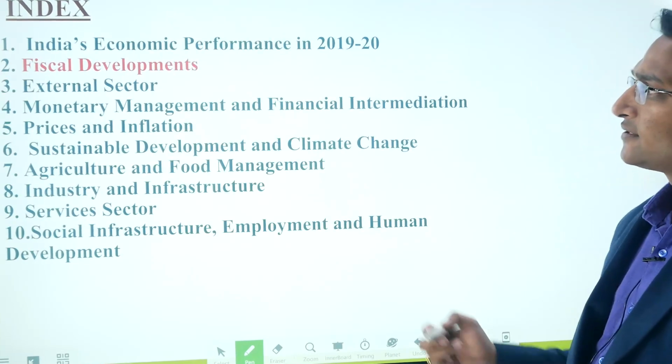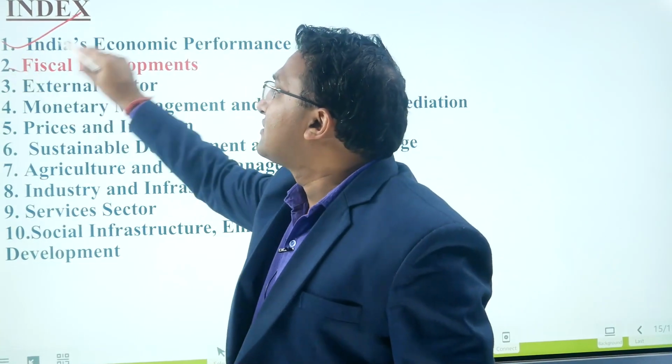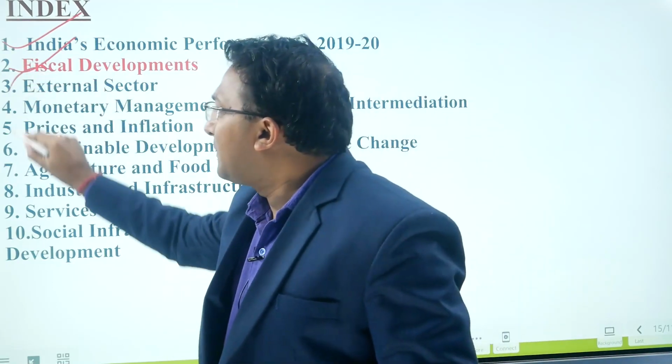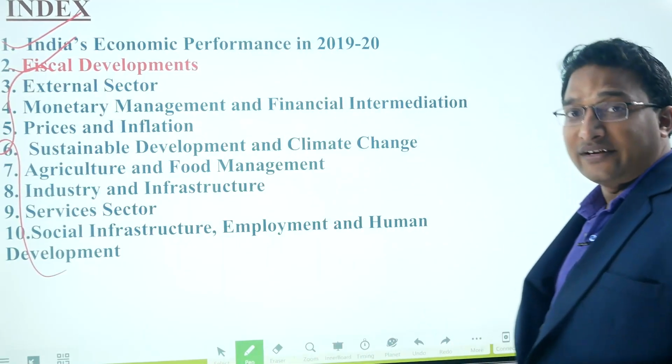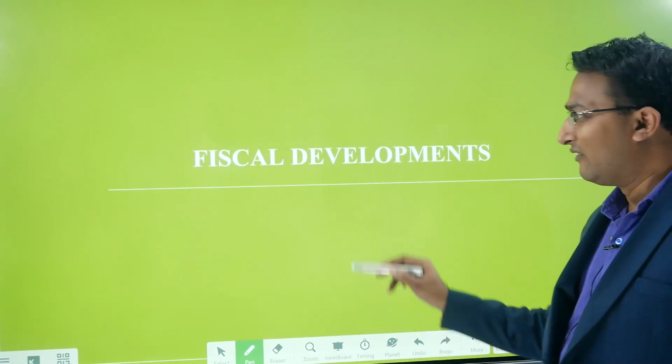Overall, in volume 2 of the economic survey, there are 10 chapters. We have already seen the first chapter. Now we are discussing the second chapter, and all of these chapters we will be discussing in the subsequent sessions. In this session, we are going to discuss fiscal development.